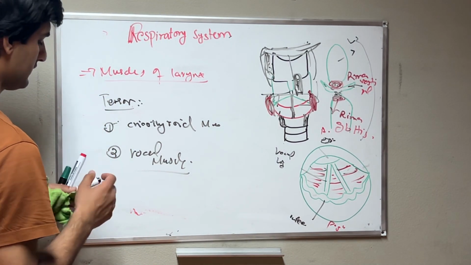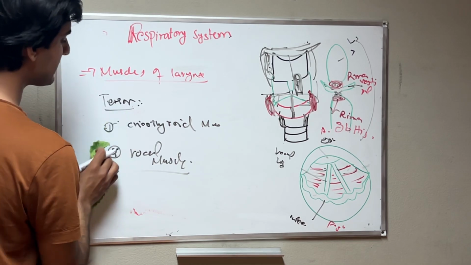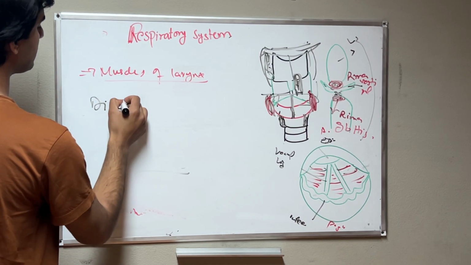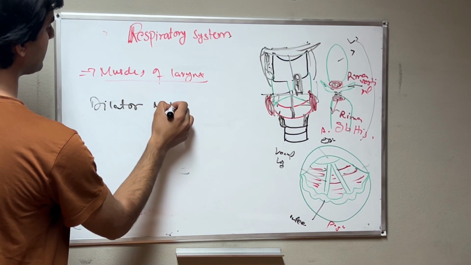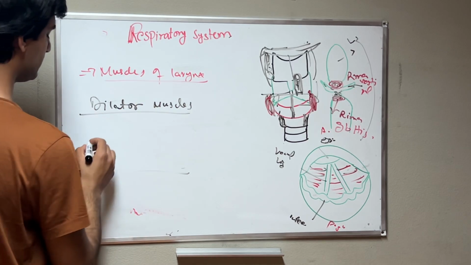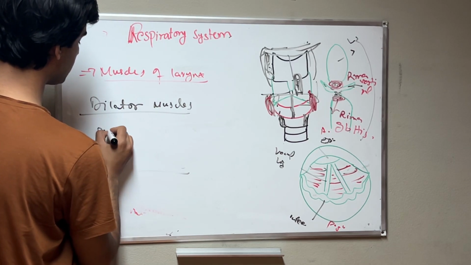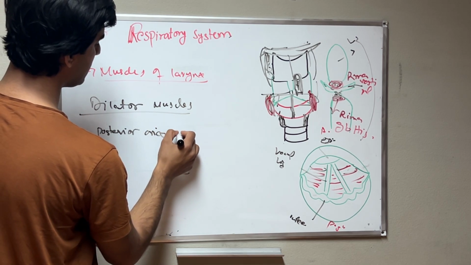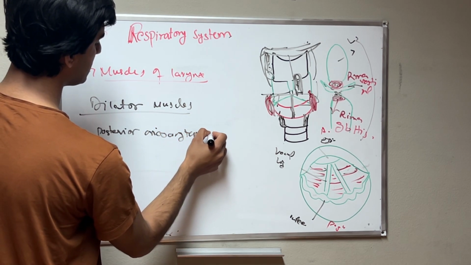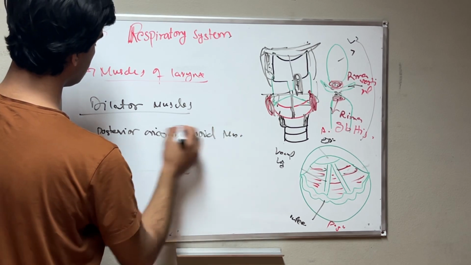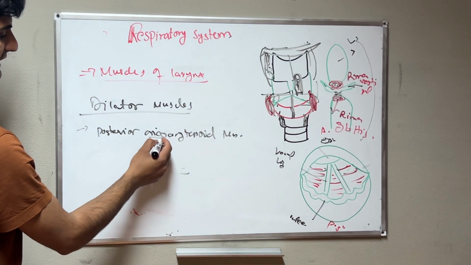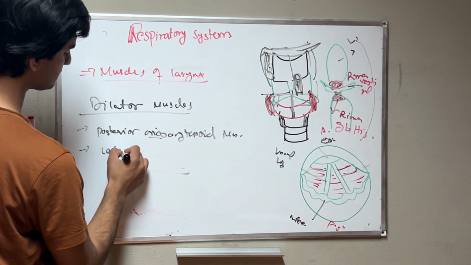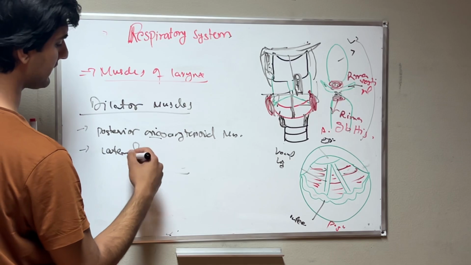Now the other muscles, the dilator muscles of the larynx. We have five dilator muscles. First we have the posterior cricoarytenoid muscle, the muscle from the posterior between the cricoid and arytenoid cartilage. Then we have the lateral cricoarytenoid, which you can see from the inside view.